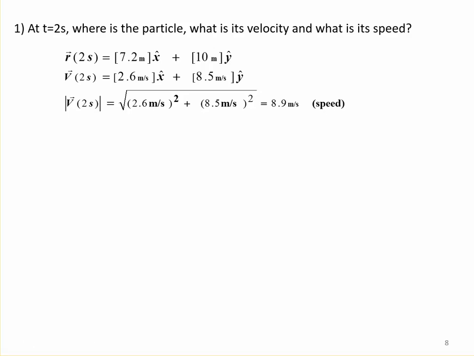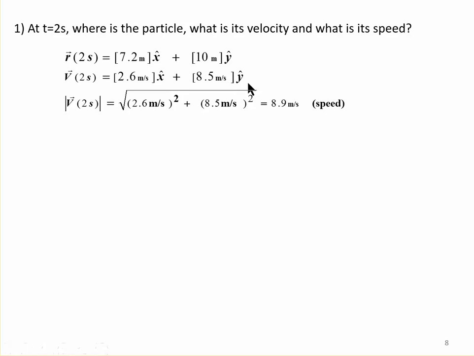On the preceding slide, we had an expression that told us the velocity of the particle at any time. So we plug in t equals 2 seconds, and this is what we get. The velocity vector is 2.6 meters per second in the x direction, and its vertical component of velocity is 8.5 meters per second.